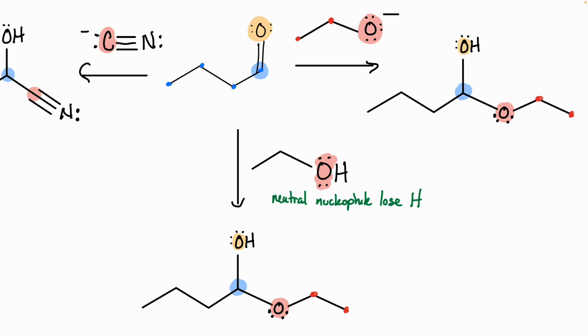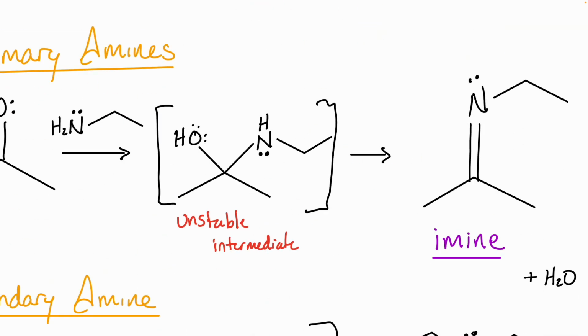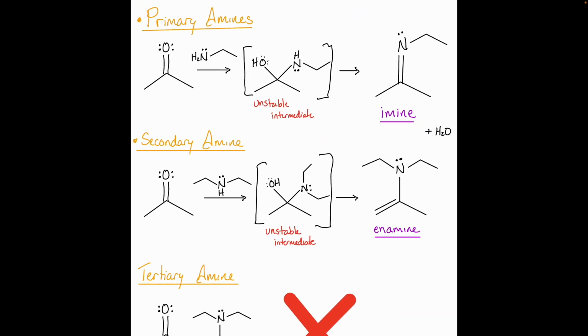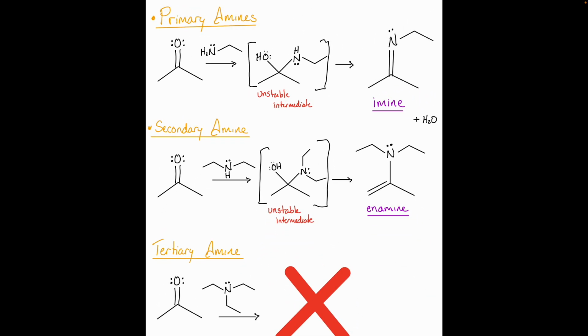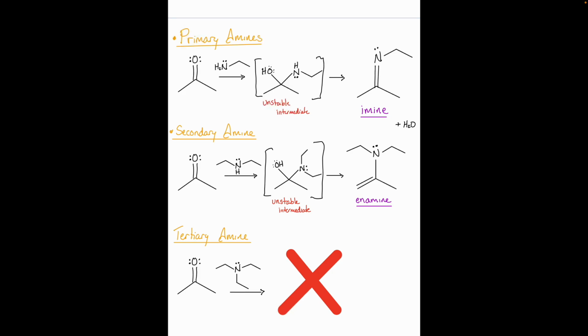Then we introduced this wrinkle with our nitrogen nucleophiles. These form different products: primary amines form those imines, and secondary amines form those enamines, whereas tertiary amines can't play the role of nucleophiles because they don't have any hydrogen to lose, so you don't get any product at all.